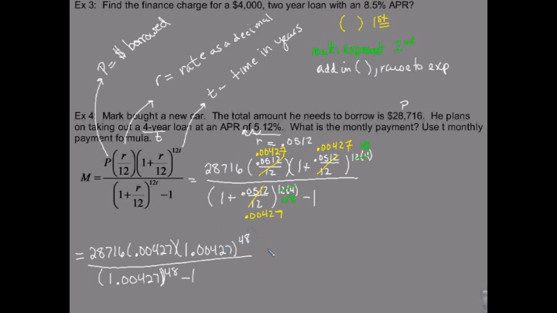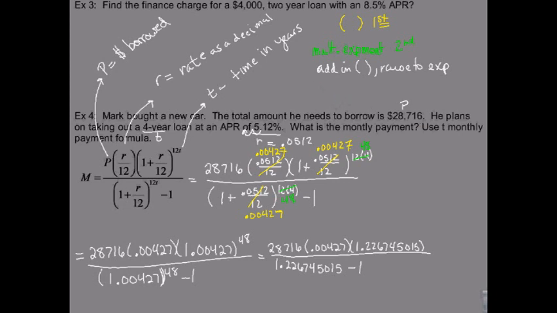Now the next thing I do is I raise it to the exponent. So I take that and I raise it to the power of 48. Okay, so I did the exponent. That's how I got this number.